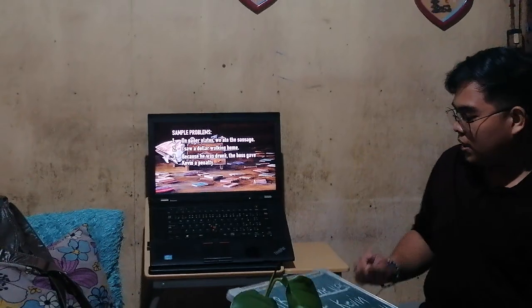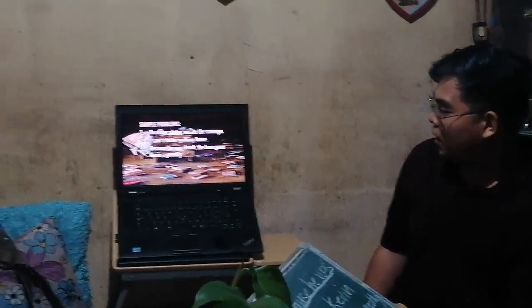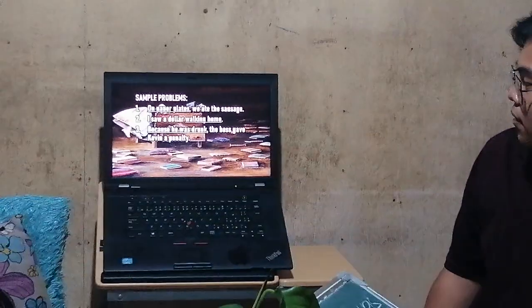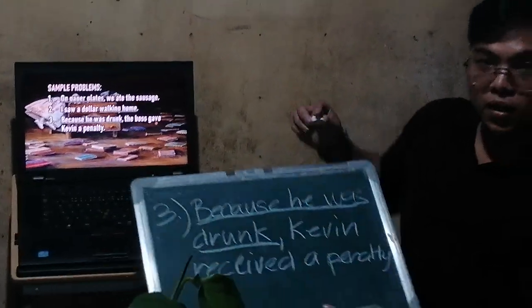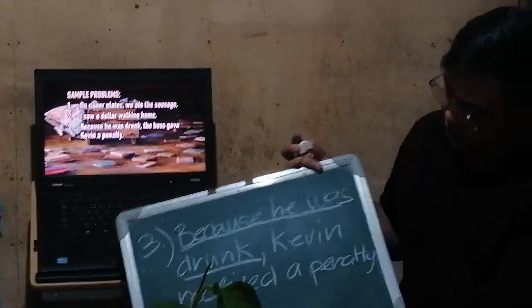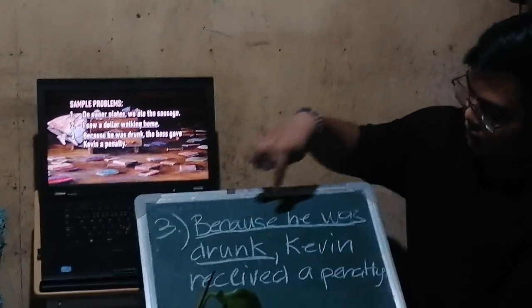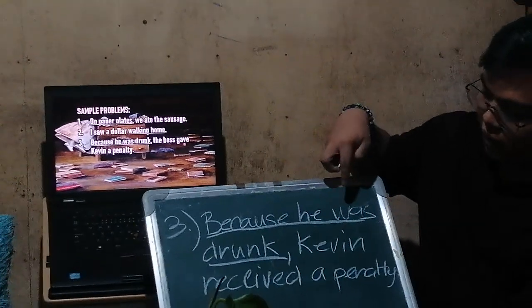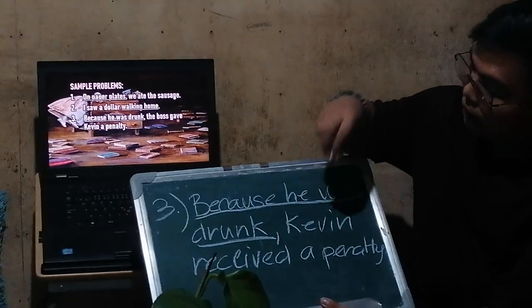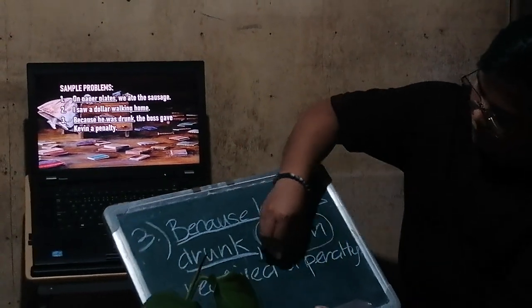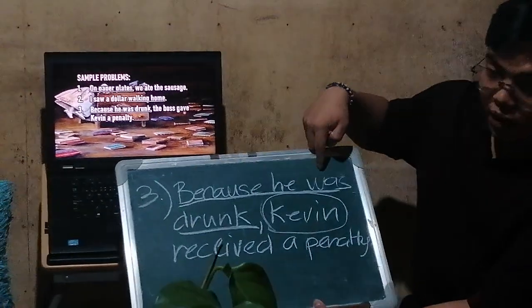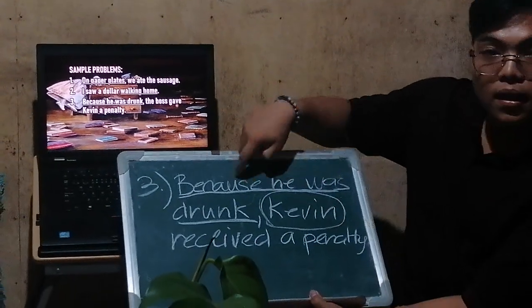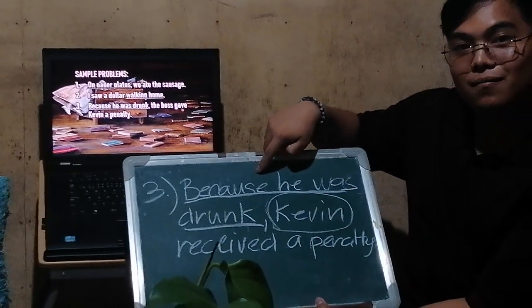What I did, this is me personally, is that I totally eliminated the boss and this phrase here and replaced it with "received," which is now correct because our modifier is "because he was drunk," and what it modifies is Kevin. So right now it is correct because it implies that Kevin is the one who received the penalty.